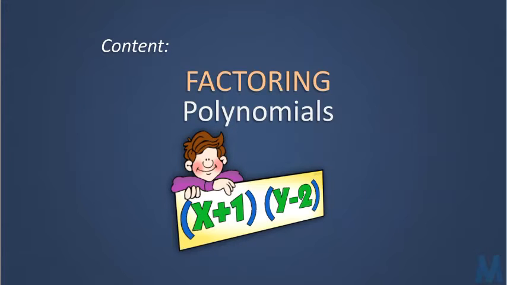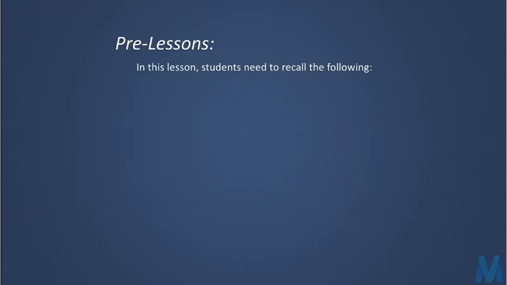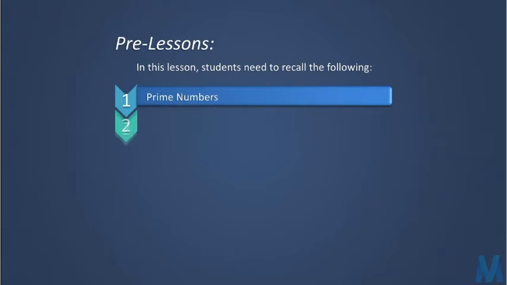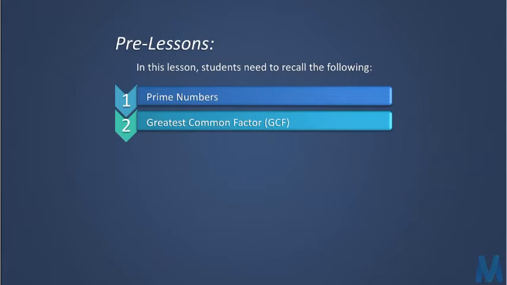Antes kita mag-discuss regarding sa factoring polynomials with common monomial factor, may ara kita nga mga pre-lessons nga dapat naton ibaluon. Number 1, we have prime numbers. Then number 2, we have the greatest common factor.